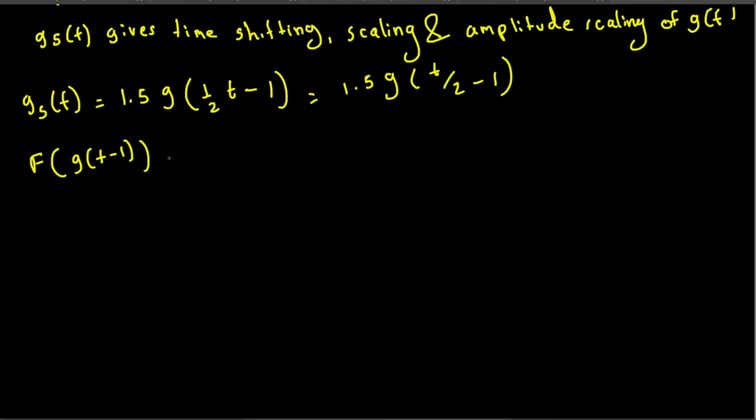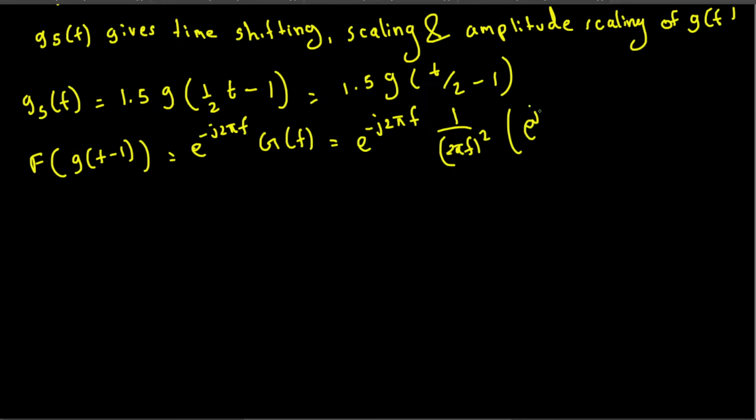That is basically we multiply the Fourier transform of g of t by this constant value, e to the power minus j 2 pi f, and we can write that over here: e to the power minus j 2 pi f, times (1/2 pi f) whole squared, times (e to the power j 2 pi f minus j 2 pi f e to the power j 2 pi f minus 1).